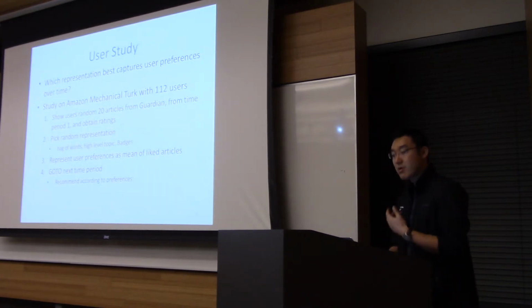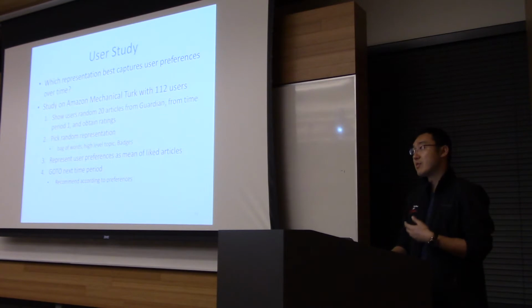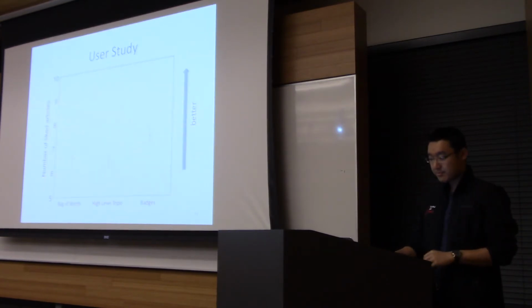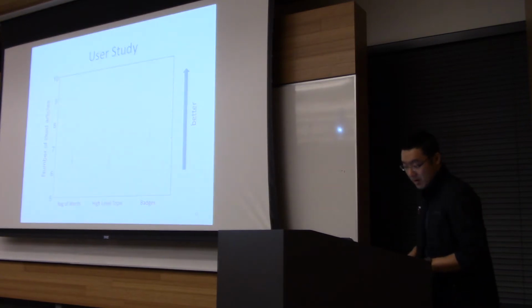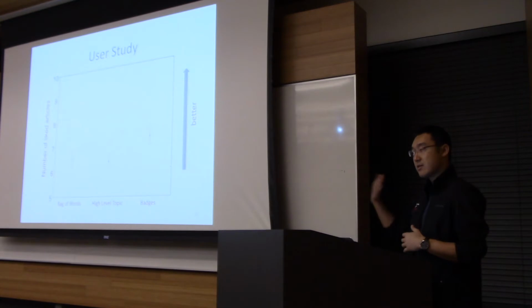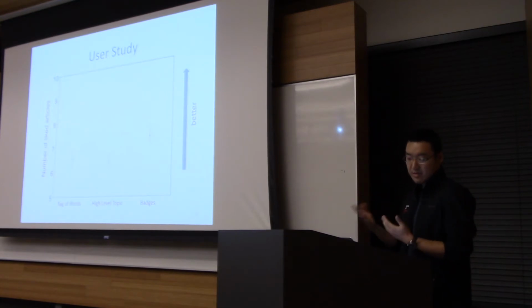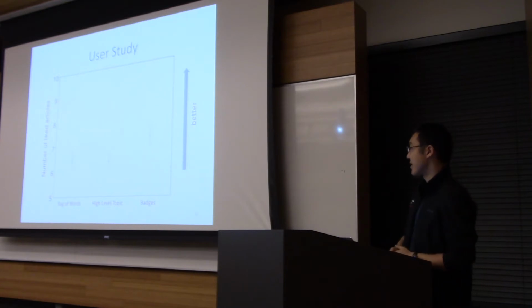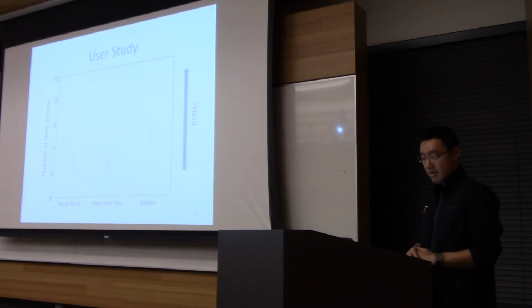We recommend according to these preferences, and then see if we get more liked articles. And so here's a result. Higher is better. In time step 2, you can see that using this badge representation, we do get a lift in the number of liked articles for the user.